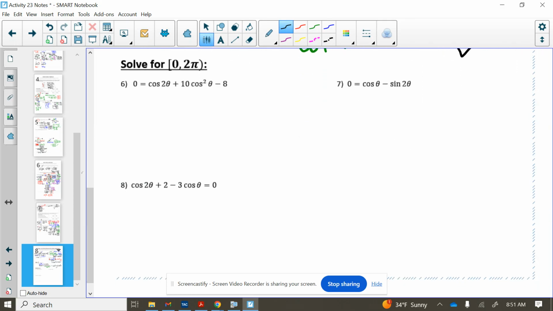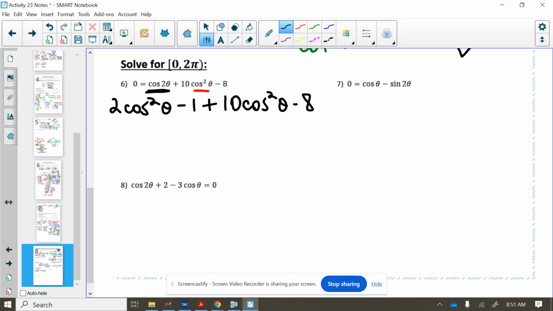Now for solving, same kind of principles as before, we have a couple different formulas that we can plug in instead. So notice this is not a cosine squared, it's a cosine 2 theta. To keep everything in terms of cosine squareds, I'm going to replace this with 2 cosine squared theta minus 1, and then we have plus 10 cosine squared, and then minus 8.